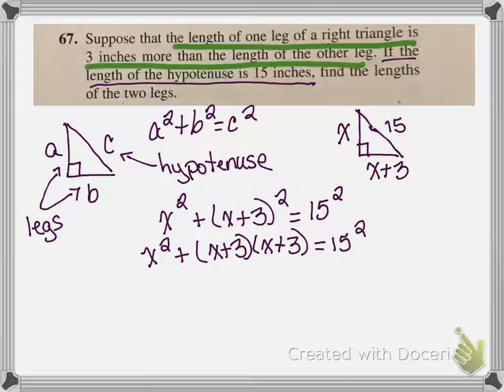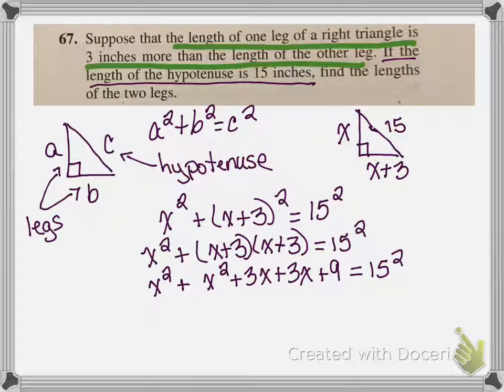On your paper, you're doing first, outer, inner, last. Okay? So you should have gotten x squared plus 3x plus 3x plus 9.